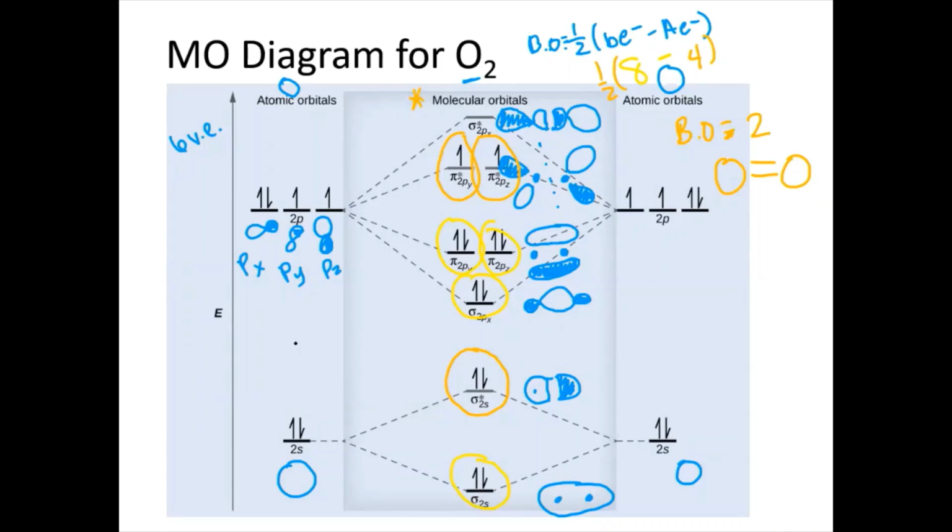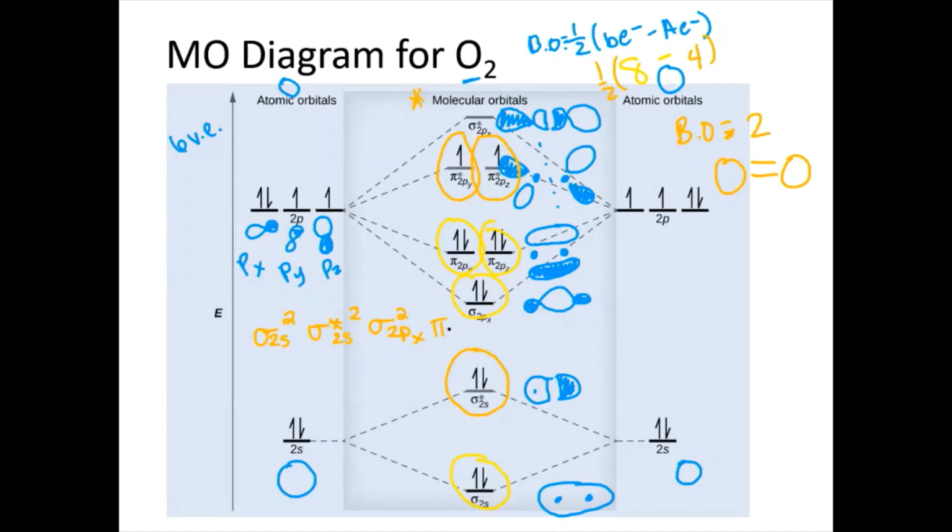So if I started here, this bottom one is called sigma 2s, and there's 2 electrons in that, okay? The next one is sigma antibonding 2s, and there's 2 electrons in that. The next one is sigma 2px, and there's 2 electrons in that.